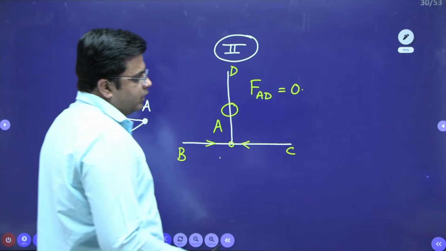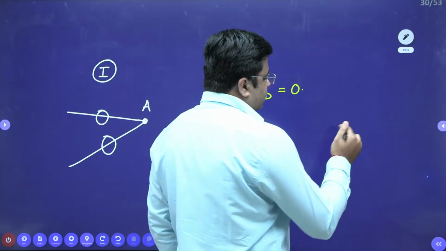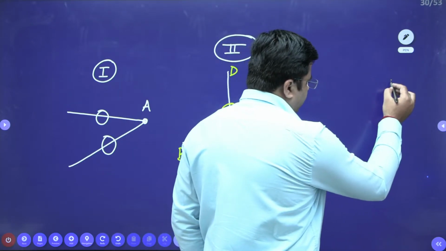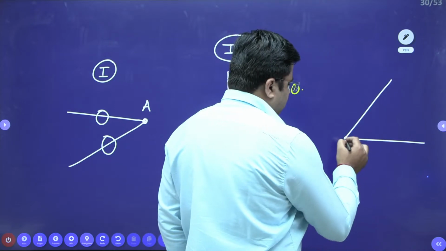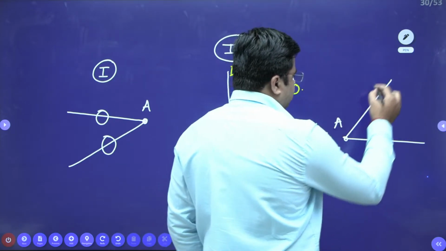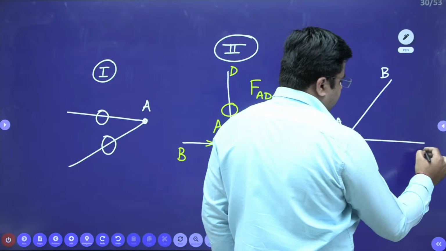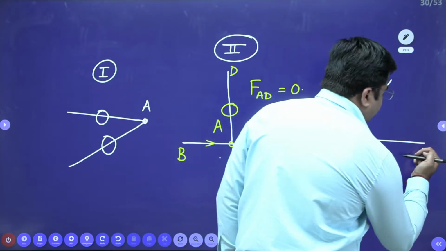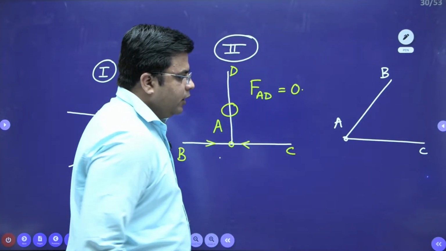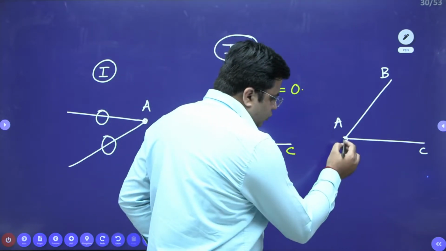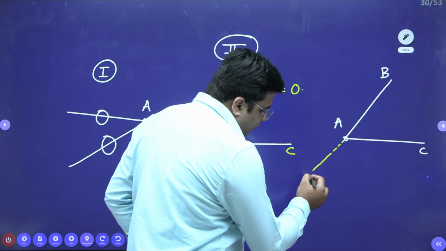Now talking about the third category, for suppose if two members are meeting at a joint like this, so this is my joint A, this is my member AB and AC, right? If two members are meeting at a joint like this, and over this joint, one force is acting which is collinear to one of the members, right?